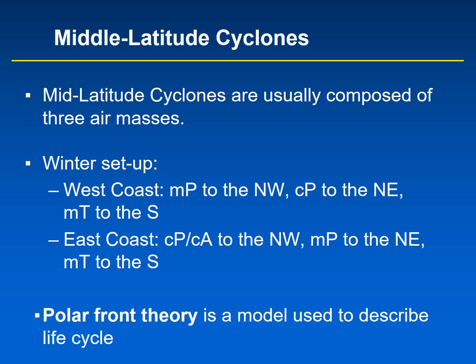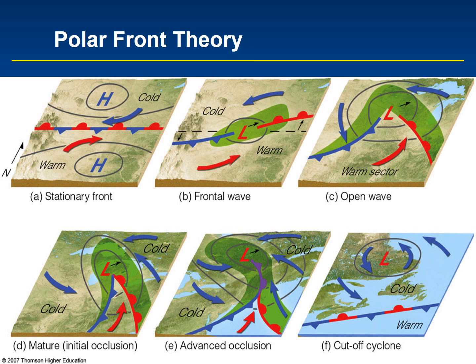There are 6 stages of theory, beginning with the stationary front stage. Remember, the polar front is a front that divides polar air, colder polar air to the north, and warmer subtropical air to the south.